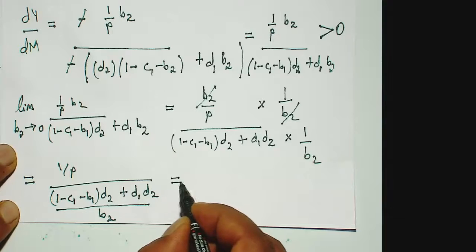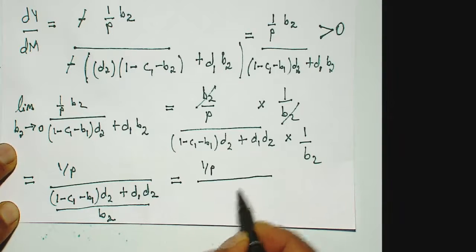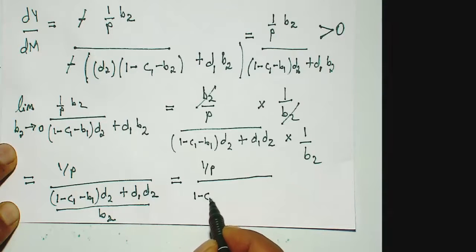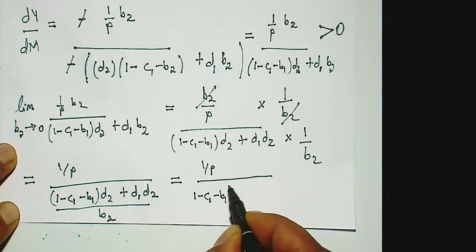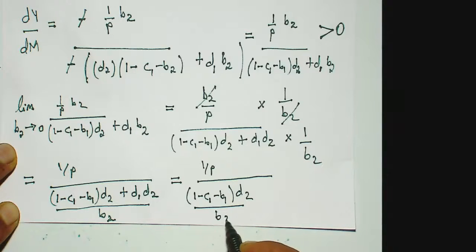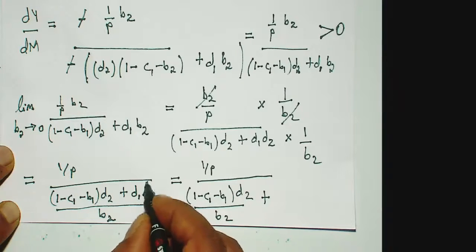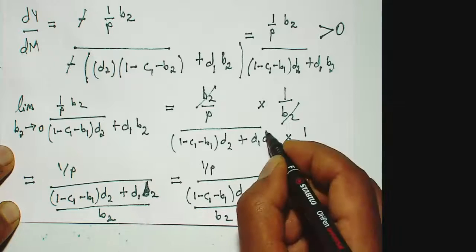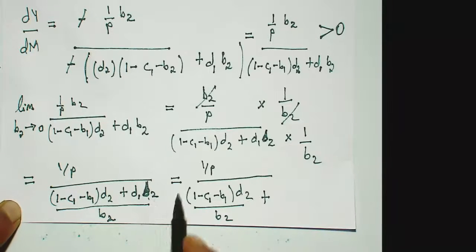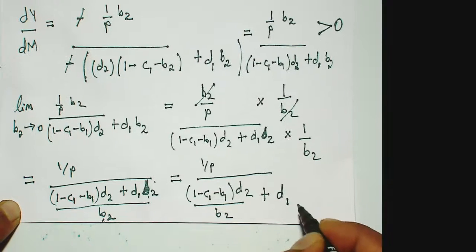This can be simplified by saying 1 over p divided by 1 minus c1 minus b1 multiplied by d2 divided by b2 plus, since we have b2 here, b2 would cancel out with the denominator, so we would be left with d1 here.